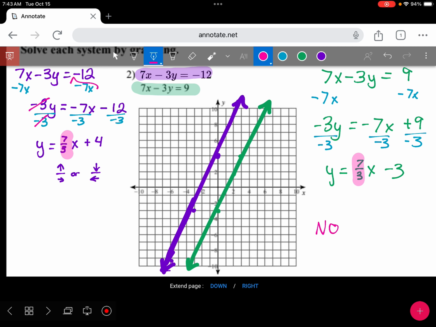So, no solution because parallel. They do not cross. They never, ever cross because they are parallel. We will see these occasionally show up on things like homework and quizzes and tests.